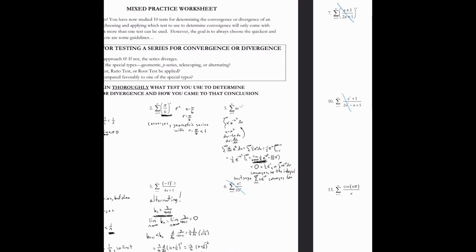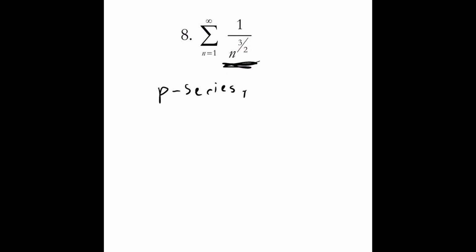So don't forget it. Okay, here we can immediately tell, oh, this is written exactly how we write a p-series. But what is p? 3/2, right? What's the power that you're raising it to? The 3/2 power is greater than 1, so it diverges.